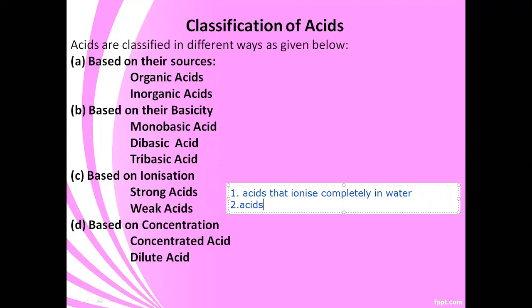Acids that ionize partially in water are called weak acids. For example, CH3COOH is an example of a weak acid.